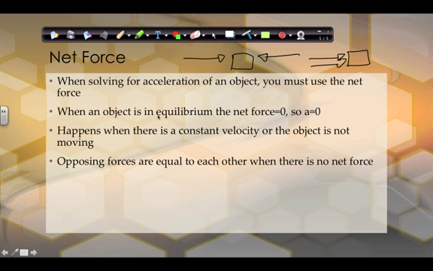Now, when an object is in equilibrium, the net force is equal to 0, so there is no acceleration. And this will happen in 2 different situations: when there's a constant velocity or when the object is not moving. So if you read in the problem where it says you have a constant velocity, that means your acceleration is 0, so the net force has to be 0.